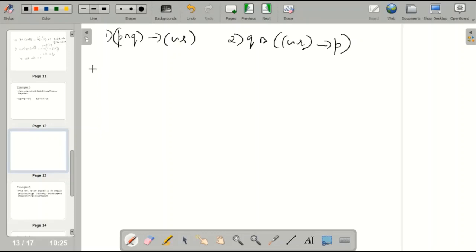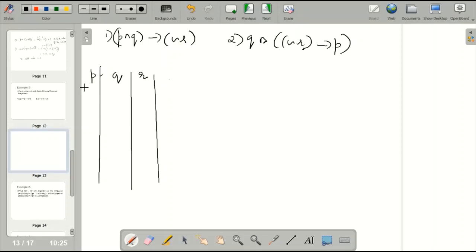So this has three terms. So we'll write P, Q, R. Since we have three terms over there, we need to involve 8 binary terms.